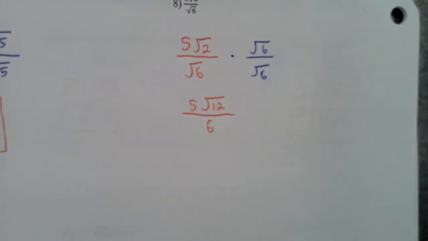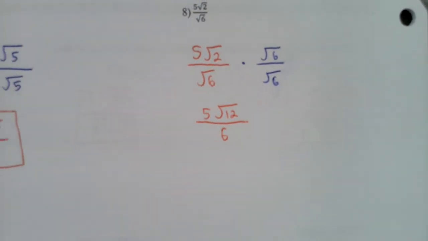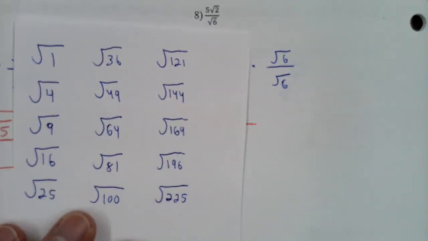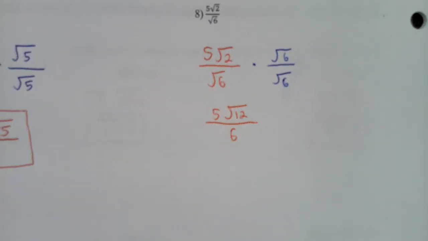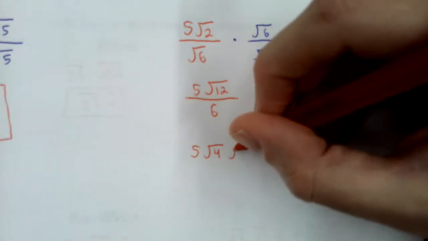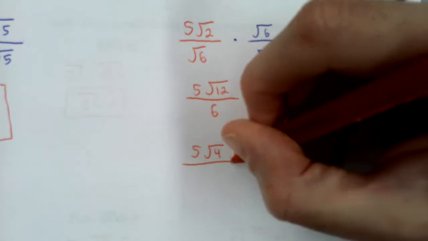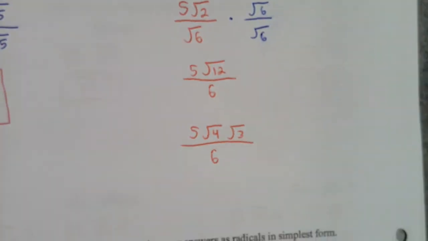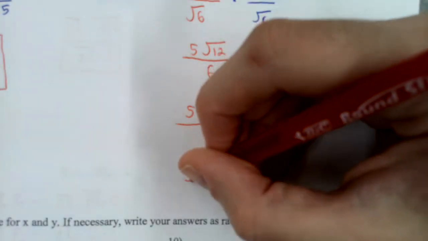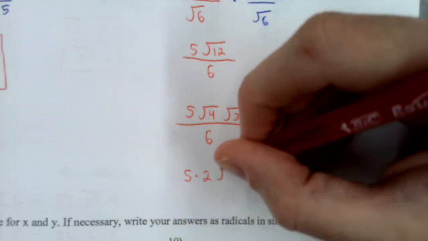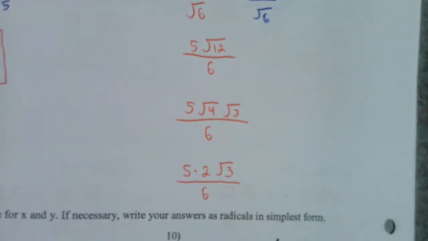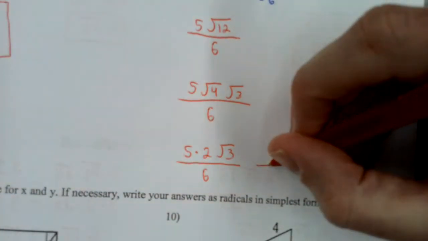And now you're going to simplify the square root of 12 using the list of perfect square numbers. I'm going to use square root of 4 times square root of 3. 5 times square root of 4 is 5 times 2, which is 10.